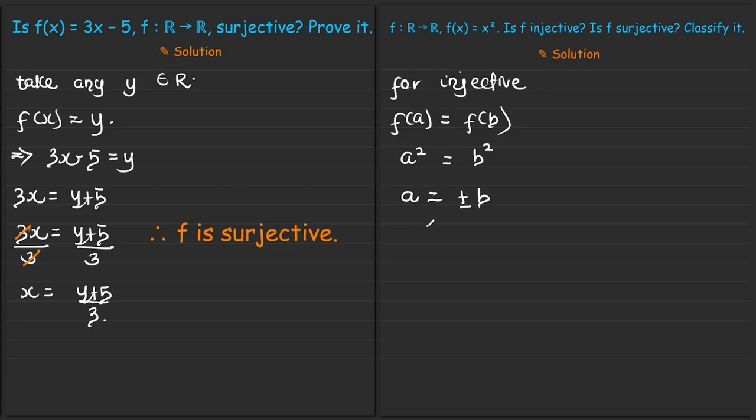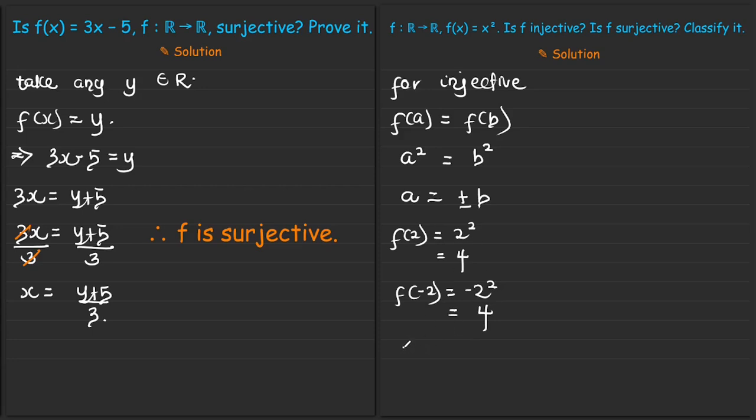And we know if it has two values, then it is not injective. If you don't want to use this, you can have also found a counter example. Two can work here. So we say f of 2 is going to give us what? 2 squared, which is a 4. And f of negative 2 is also going to give us what? Negative 2 squared, which is also a 4.